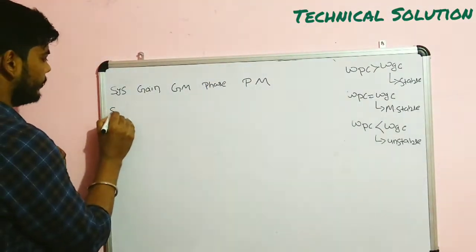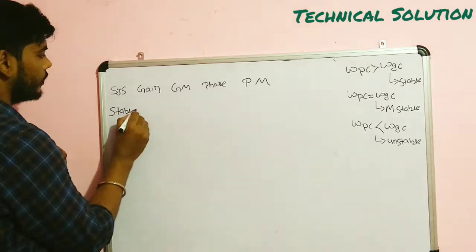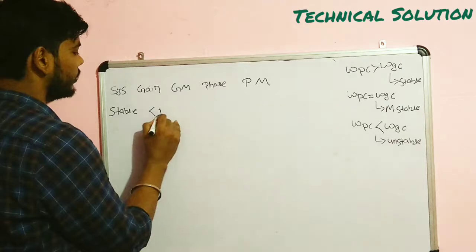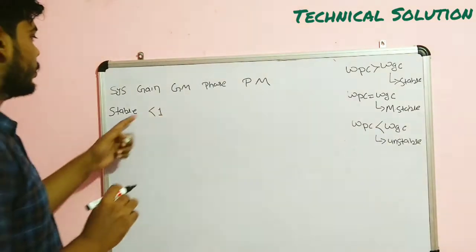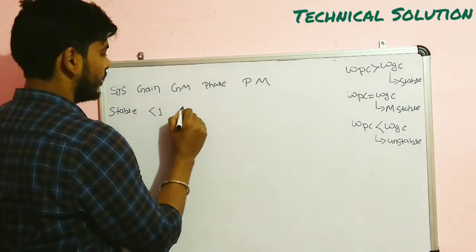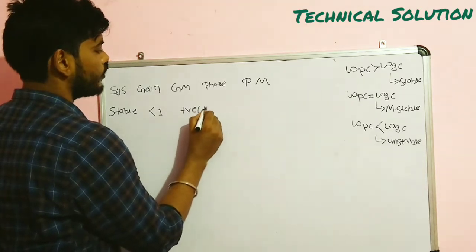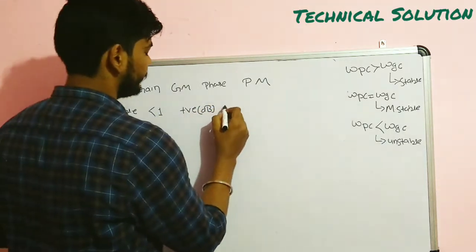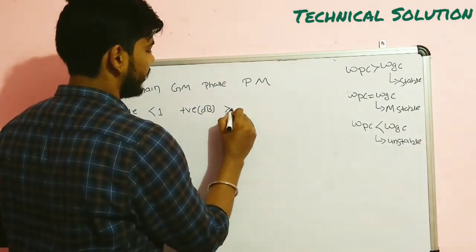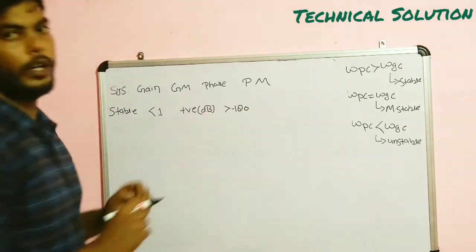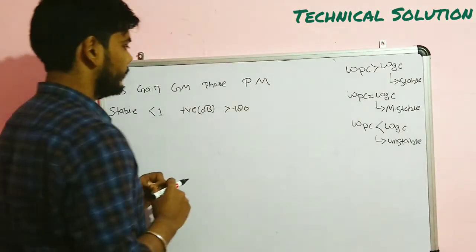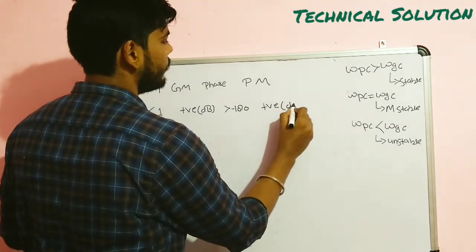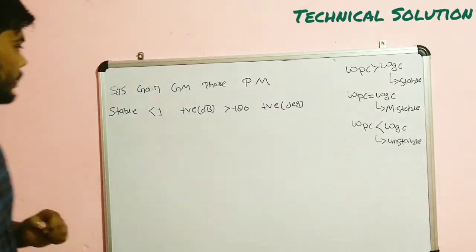For a stable system, the gain is less than 1, so the gain margin is positive in terms of dB. The phase is greater than minus 180, and the phase margin is positive in terms of degrees.